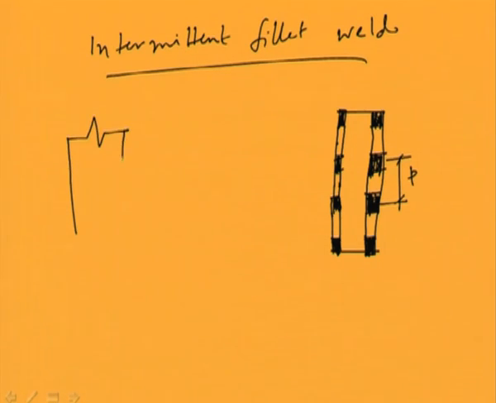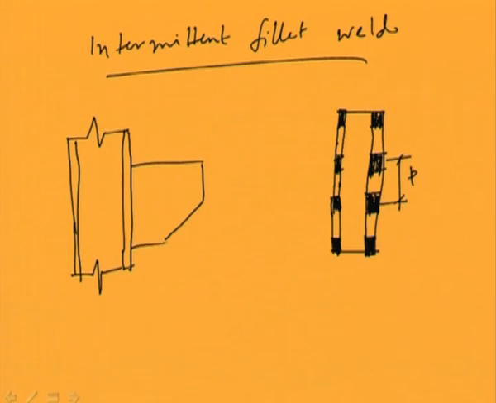Say one column is there which has to carry the load. This is the flange. Now this is 1, this is 2, 3, this is 4.